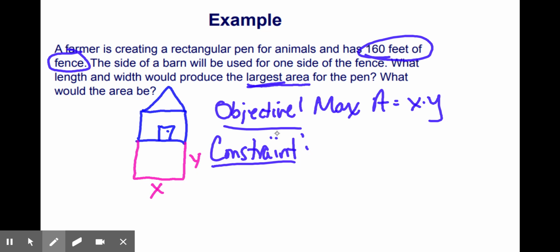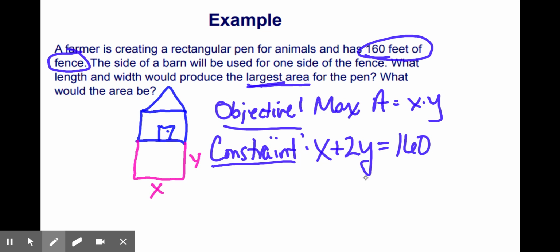Why would he want to use only 140 feet if he's got 160 feet? That way he makes the pen as big as possible for the animals. So the constraint is that X plus 2Y has to be 160. If I add these three sides together, I have to get 160.